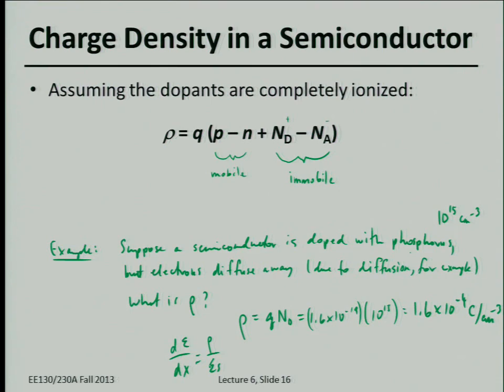To summarize, it's going to be quite common that the charge density at a junction, like a p-n junction, is determined by the dopant concentration. Usually the mobile carriers diffuse away for whatever reason, and the charge density is determined by the dopant concentration, and that's going to determine electric field versus distance, and that will determine how voltage is dropped across your junction.